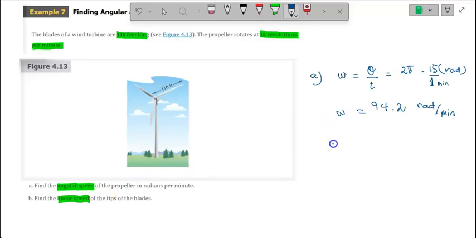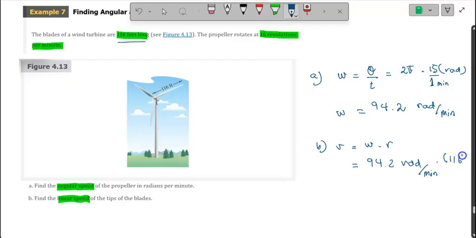Now if you want the linear speed for B, the V, remember we have a relationship: omega times R equals V. So that's all you need to do. Just take omega, which is 94.2 radians per minute, and multiply by the length of the blade, which is R, 116 feet.